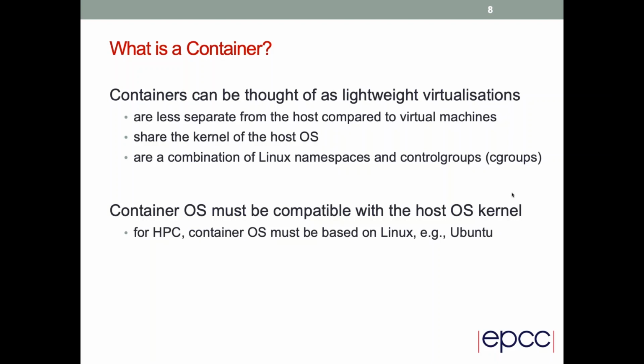So a namespace controls what processes can see, that is, those processes running inside the container. And C groups control what containerized processes can use. So this is important from a security perspective.